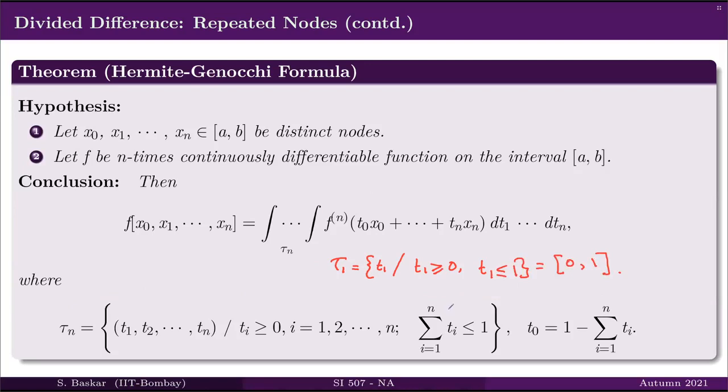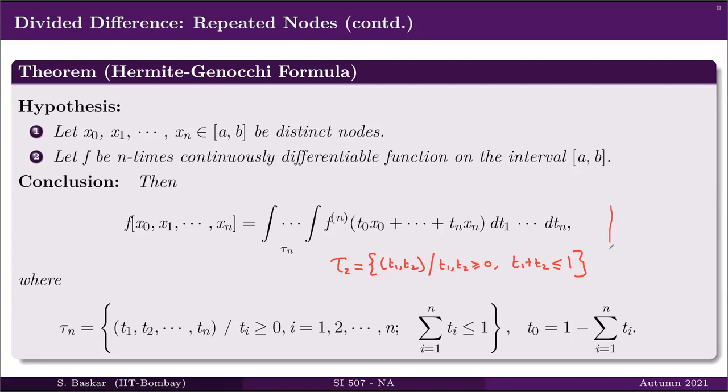Now let us take n equal to 2 and see how this tau 2 looks like. Tau 2 is equal to the set of all tuples (t1, t2) such that both t1 and t2 are greater than or equal to 0 and their sum t1 plus t2 is less than or equal to 1.